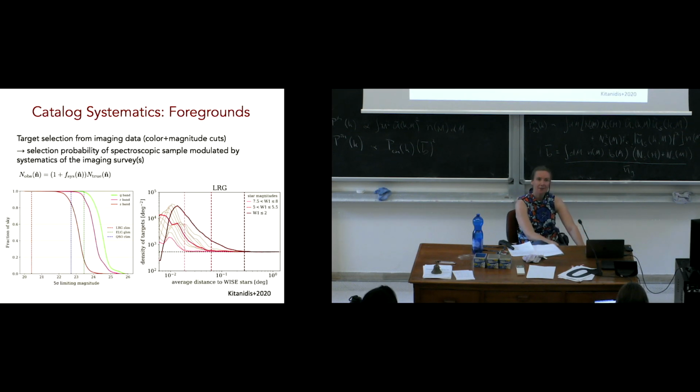So let's start with the topic of foregrounds, which of course is a theme in all of cosmology. And this is particularly rich for spectroscopic surveys when they rely on target selection. So that means that we've selected galaxies based on color and magnitude cuts from a different data set than our spectroscopic survey. And that means then that our spectroscopic survey inherits some of the systematics of the imaging survey.